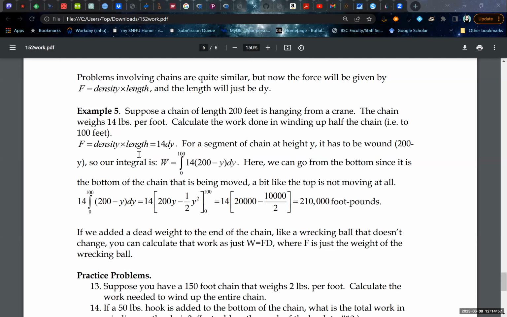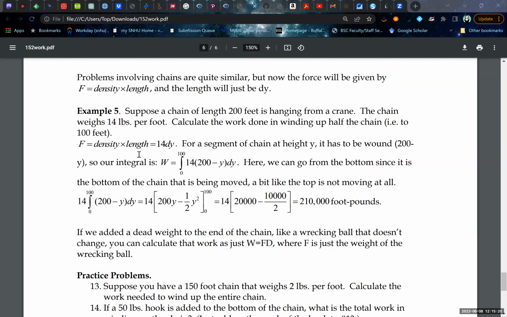So again, think of it as the per length component. dy is a small unit of length. If you're thinking of it as 2 feet, then it would be 14 times 2. But if you're thinking of it as half a foot or a tenth of a foot or an infinitesimal part of a foot, it's 14 times that little infinitesimal part of the foot.